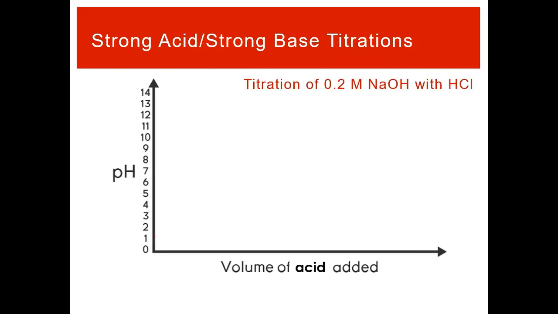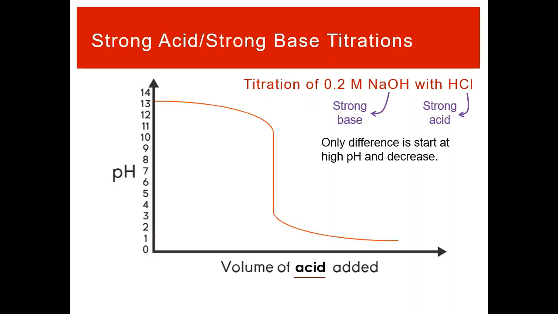And so say you were doing the titration of, say, 0.2 molar NaOH with HCl, now you would monitor your progress as volume of acid added. And so the only difference is that you start with a high pH and you decrease, right? You start at a high pH, say 13, and then you are slowly decreasing, it's still pretty flat until you hit that equivalence point, and then it's right at pH equals 7 for that equivalence point.